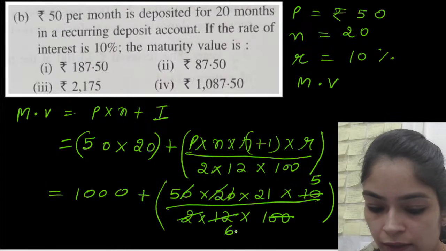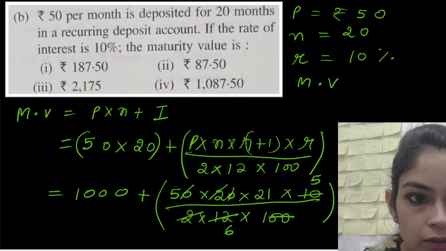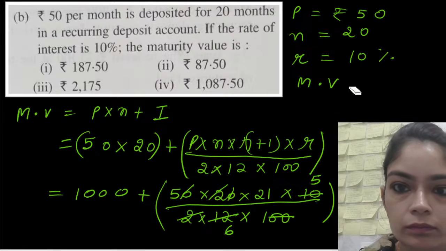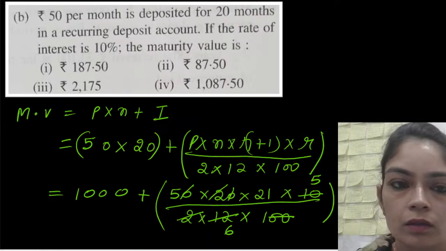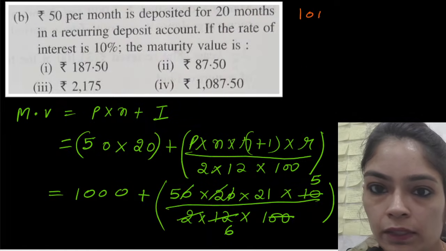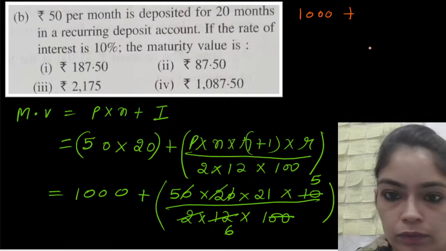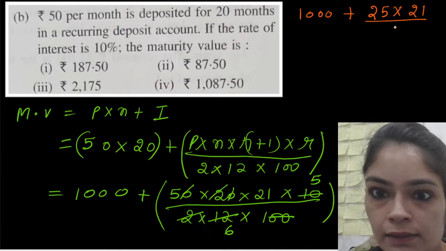Just check your calculations. Check here also calculations. I'm just writing here. So I have now 1000 plus here this side I am left with 5 into 21 into 5. So 5 into 5 is 25. 25 into 21 by 6.